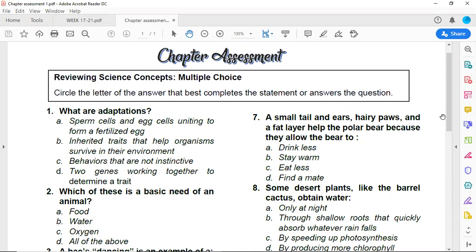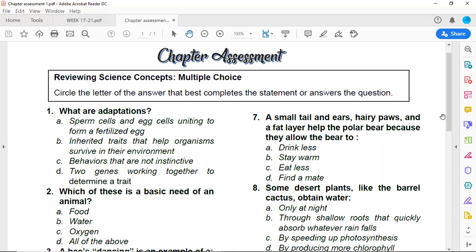Okay. Number one says, what are adaptations? And we have four options. Letter A, sperm cells and egg cells uniting to form a fertilized egg. Letter B, inherited traits that help organisms survive in their environment. Letter C, behaviors that are not instinctive. And letter D, two genes working together to determine a trait.